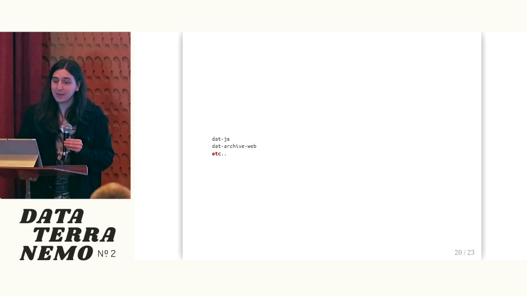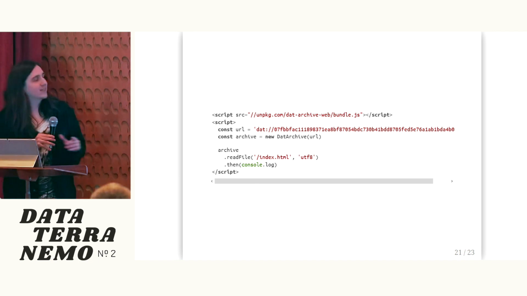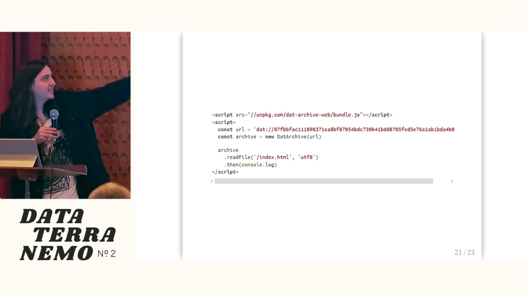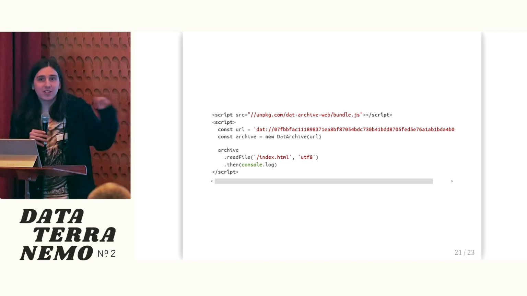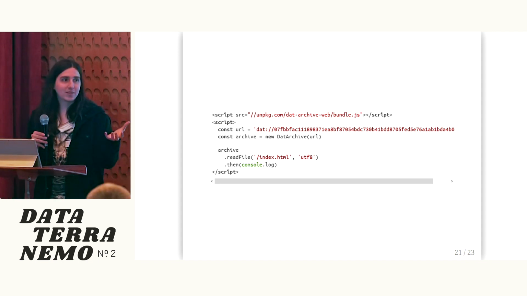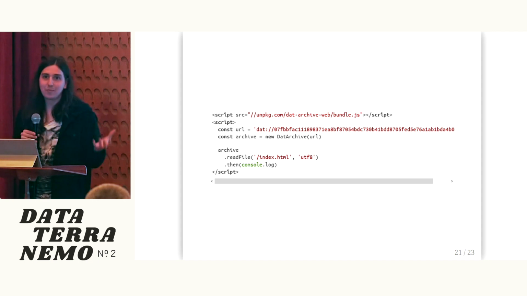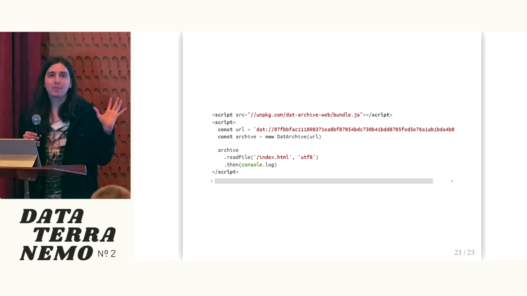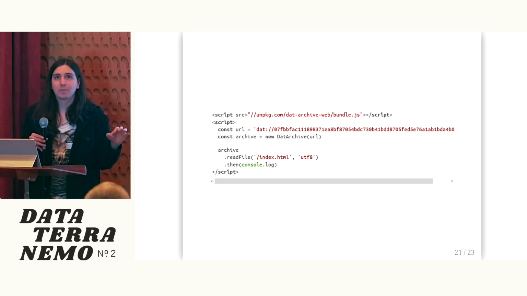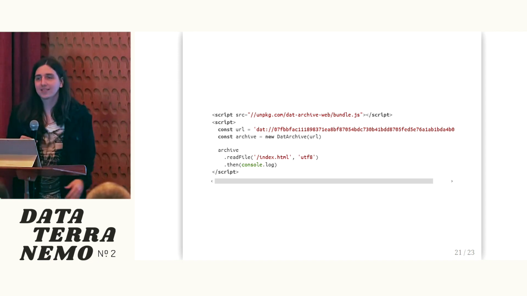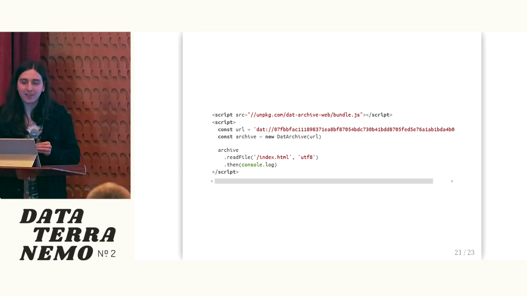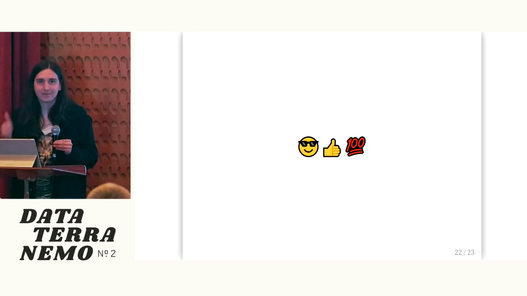So what's cool is now you can squint really hard and include a script tag for this dat archive web thing, and then you can just use the dat archive API in your app. So in Beaker, it'll actually use the native dat archive API, all the good peer-to-peer stuff, but it'll gracefully downgrade for people that are not with the times yet, and still work. You can still do all of your cool dat stuff. So nice.